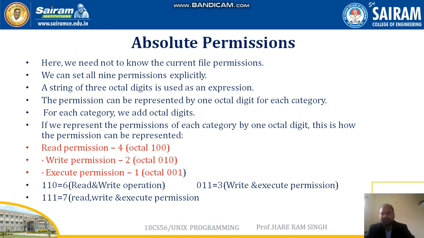Similarly, I want to give all the three permissions, read, write, and execute, to a file. Then what will be its octal value? That is 4 plus 2 plus 1, that is 7, and 7 can be represented in binary form as 111. So this is the procedure we will follow.